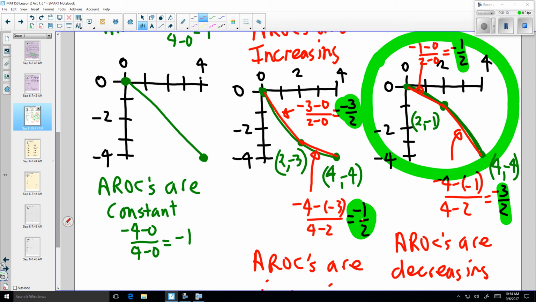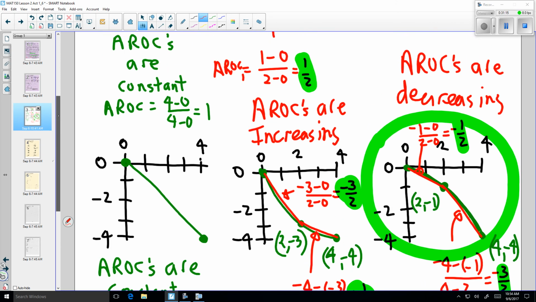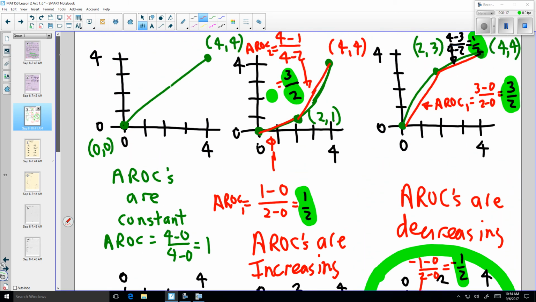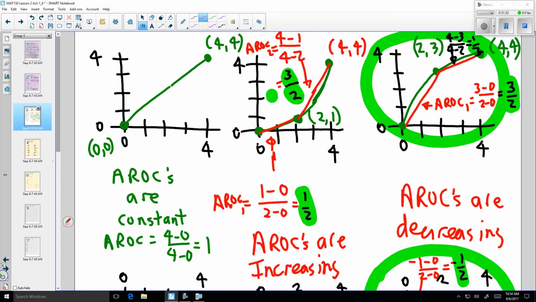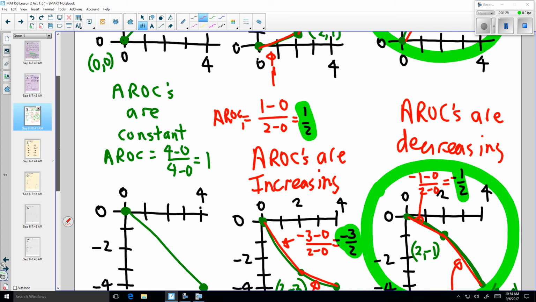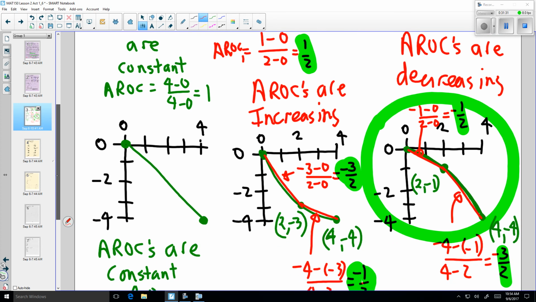AROCs are decreasing. And then if I look right above it, there's also this one, where we're increasing at a decreasing rate. So if we're increasing at a decreasing rate, or if we're decreasing at an increasing rate, we have the same behavior for the average rates of change.